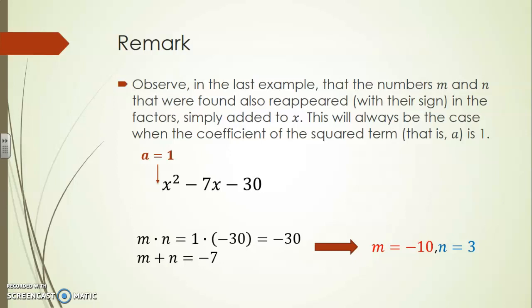Those numbers were minus 10 and 3. Now, because a is 1, a possible shortcut here is just to assume that we can apply minus 10 and plus 3 to simple x's to create the factors of x squared minus 7x minus 30. So x minus 10 times x plus 3 is the factored form of x squared minus 7x minus 30, just like we found earlier.